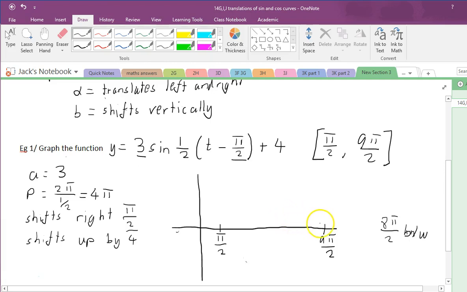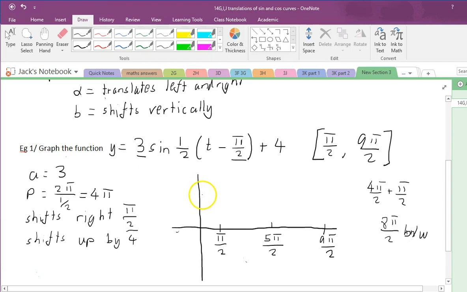So halfway between that, you'd add 4 pi on 2. So 4 pi on 2 plus pi on 2 is 5 pi on 2. Okay, so that's the halfway point there. And that'll help us because we know the sine curve is going to curve back down at that point, or hit the midpoint there.